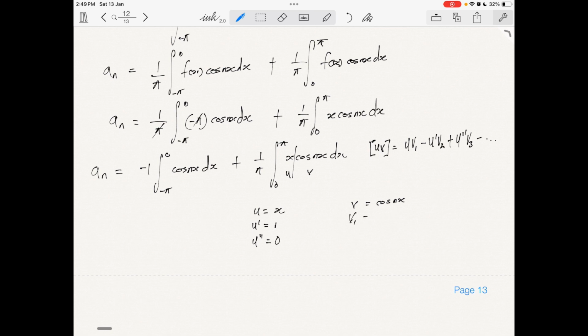And our v1, which is integrating cos nx with dx, will give us sin nx over n, and our v2, which is integrating v1 with dx, will be integral of sin nx over n with dx, and apparently this will give us minus cos nx over n squared.